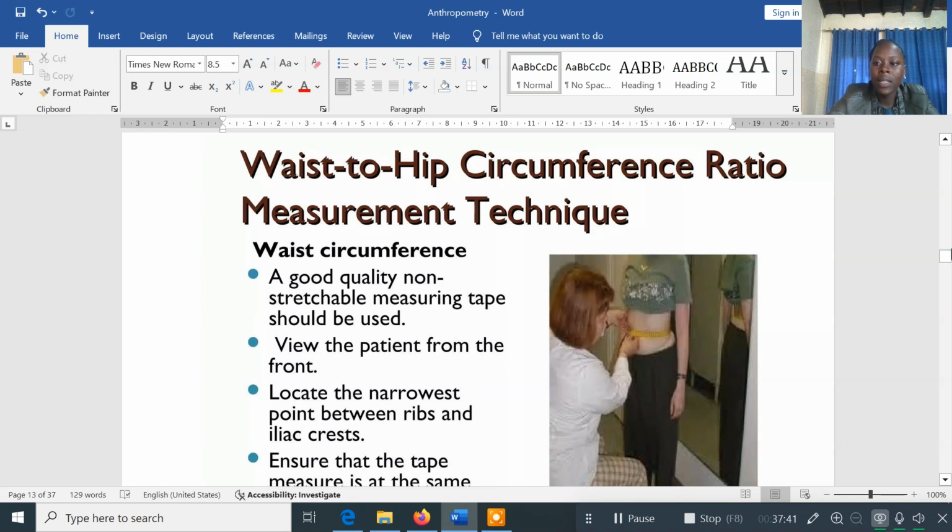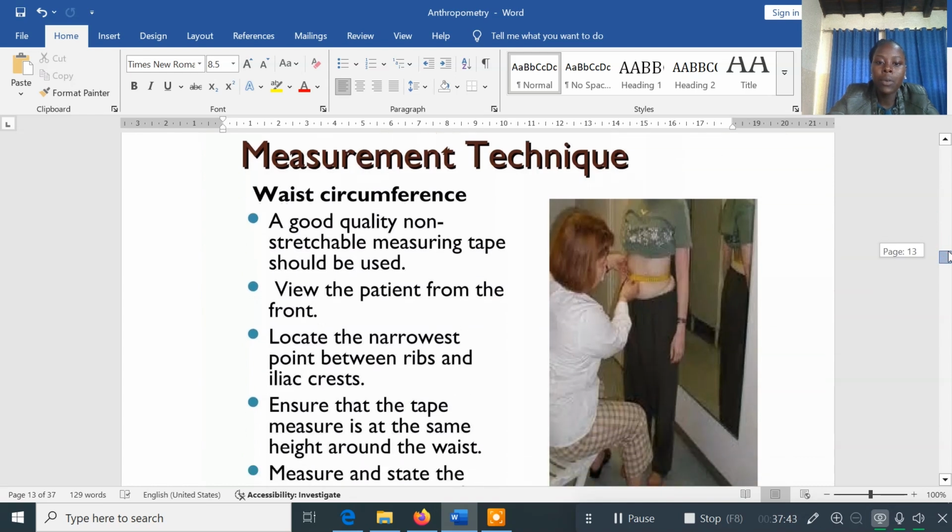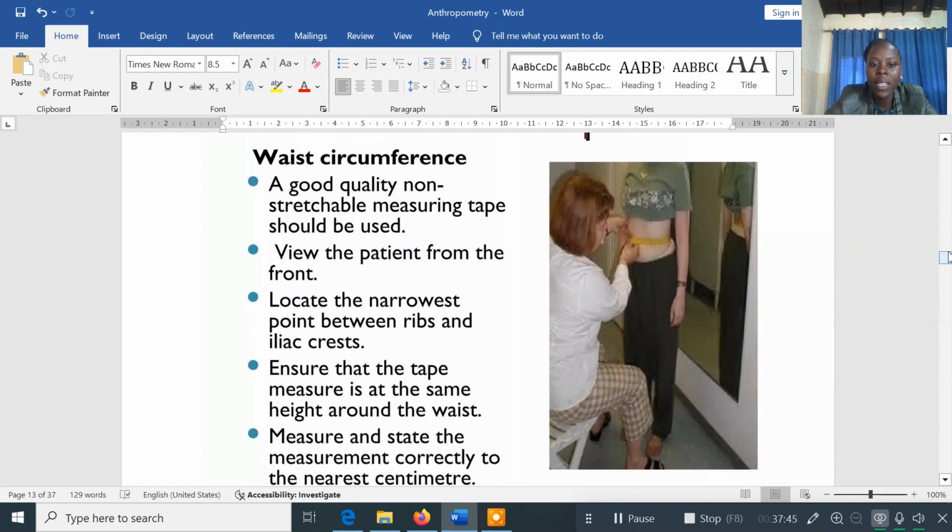After locating that point, you have to ensure that the tape measure is at the same height around the waist. Because if it is not at the same height, it is going to give you faulty readings. Then measure and record the measurement correctly to the nearest centimeter.